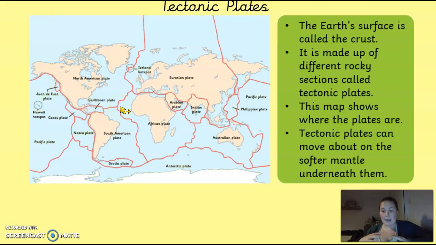Now, the tectonic plates can move about slightly. Okay, remember the crust sits on top of the mantle, and the mantle is like a layer of magma, kind of what comes out of a volcano. And so the plates can move about on top of that because the mantle is softer.